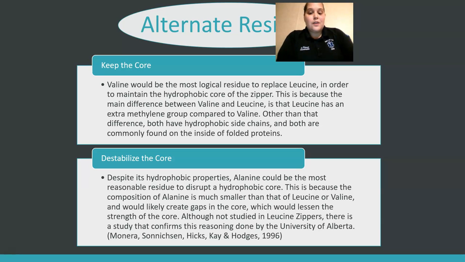And I actually found a study about this. It was done through the University of Alberta, and I'm including the link in the reference page at the end of this PowerPoint. They basically support this reasoning, saying that there will be gaps in the structure. And if it's not a solid structure and there are gaps, it's not going to be as strong. It's going to be destabilized. And it's definitely not going to keep its core.